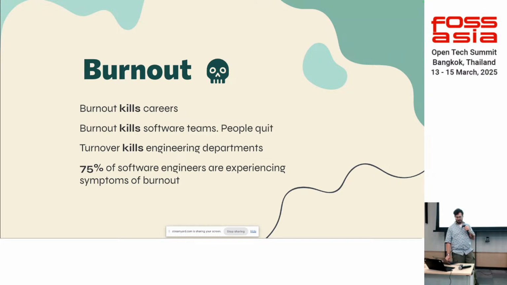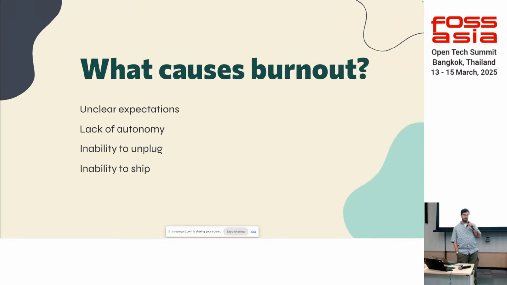And I believe that on-call is a big source of this, because things that cause burnout are having unclear expectations of what your job is, not having autonomy or control over what your work is, like being micromanaged, not being able to unplug from work, you're always on the clock, and not being able to actually finish your work.